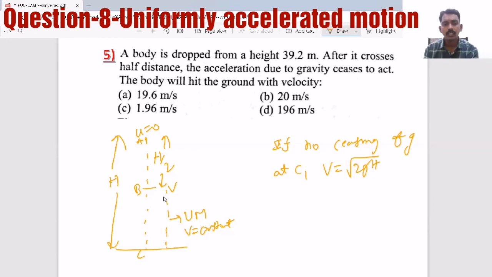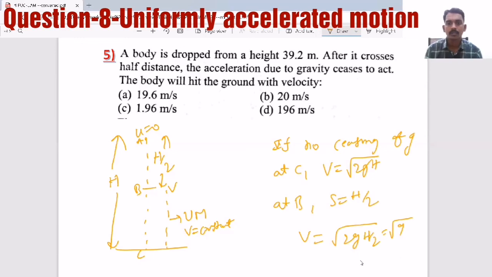But here it ceases at point B, half height. That means at B, where the displacement is H by 2, the speed is under root 2g H by 2, that is root gH.